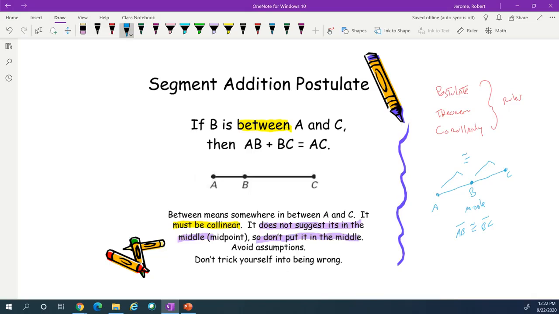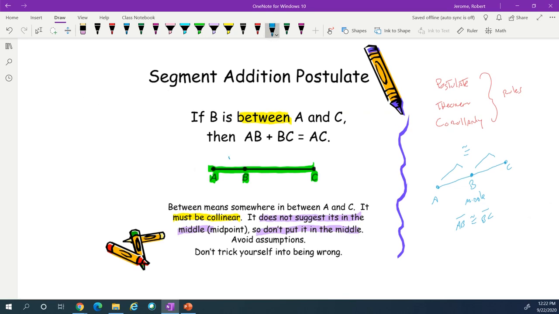Now that we understand that, let's look at what this rule actually tells us. And we have a picture of it. B is between A and C. So I draw a picture and I label my points. And what we're saying here is that the first little segment plus the second little segment equals the total. And you can see that written out in the language of geometry.